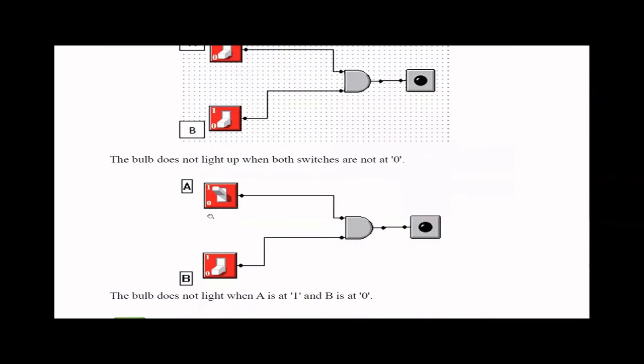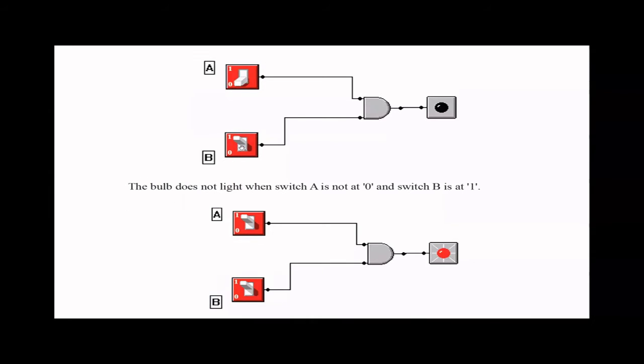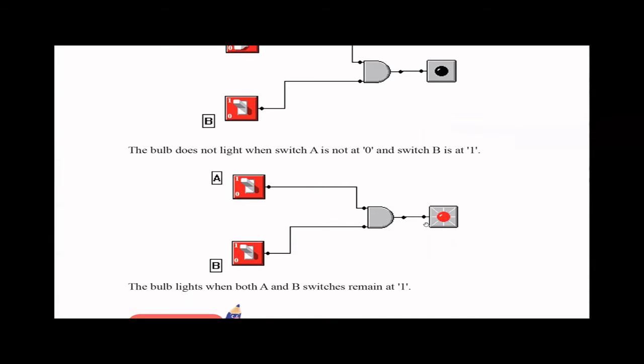And in this scenario, only A is having 1 as the input, still no light. And if only B is having the input as 1, still no light. And in this case, both inputs are 1 and the bulb is also having the light, right? So based on this knowledge, we have to do the circuit and the truth table.